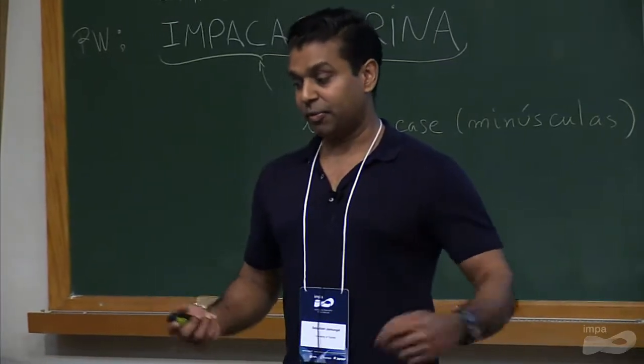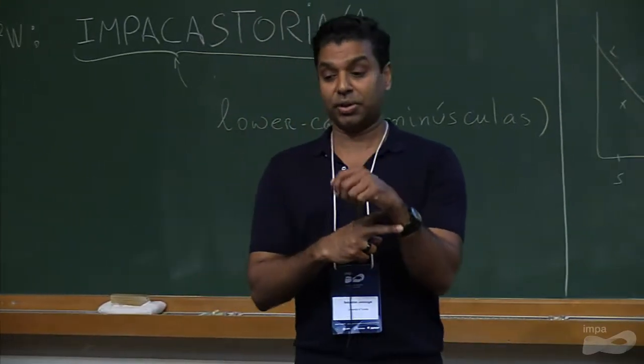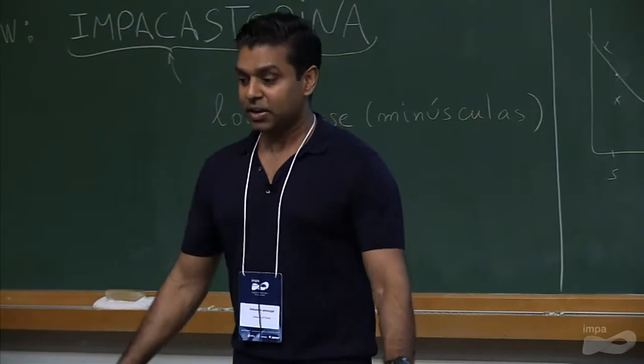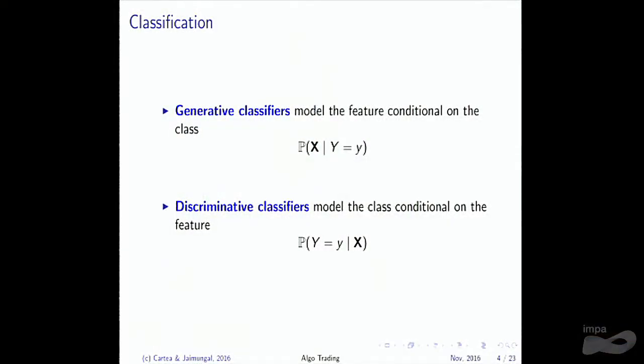And there's some performance criteria that we're going to use in order to come up with the different classifiers. The two types of models that are often used are what are called generative classifiers or discriminative classifiers. There are two ways you can model classifiers. Either you specify, if you have a particular class, where in feature space this class is likely to appear.